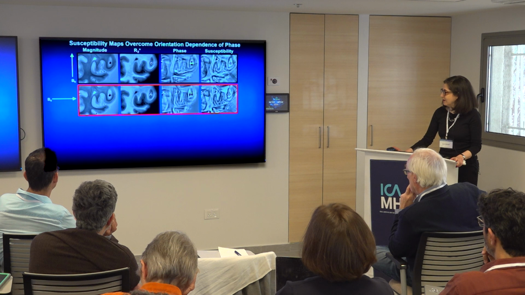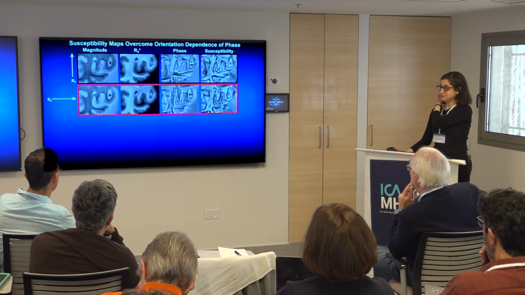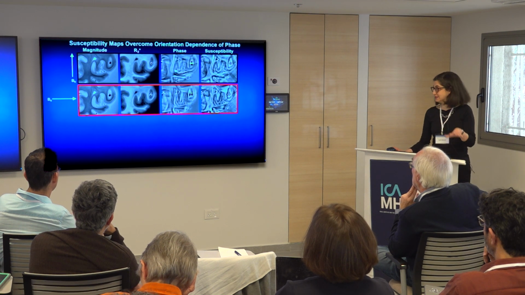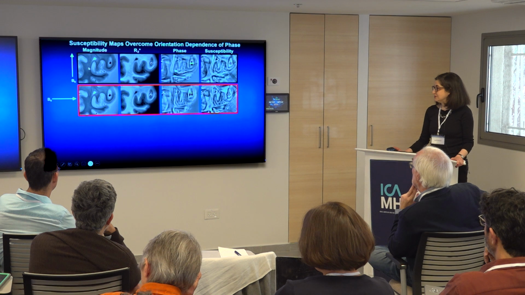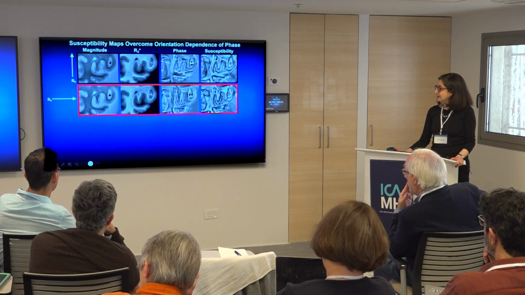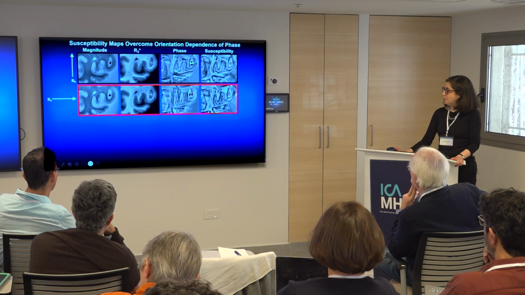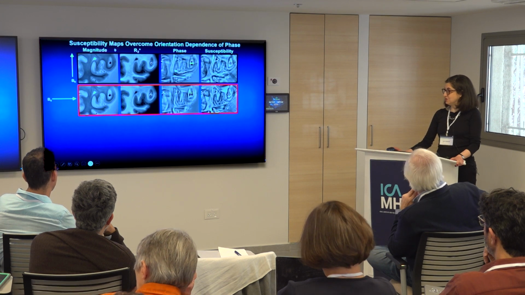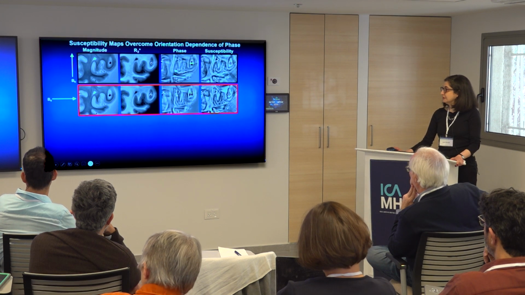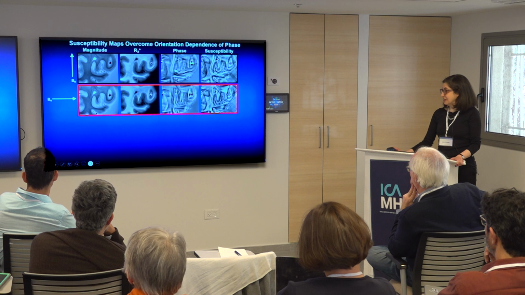The other advantage of susceptibility maps is they overcome that orientation dependence that we saw. So here in this piece of fixed brain tissue, if you look at the phase images, you can see that the contrasts in these layers are almost opposite when you rotate that piece of tissue with respect to the main field. But if you look at susceptibility maps, they look much, much more similar. And we can quantify this.